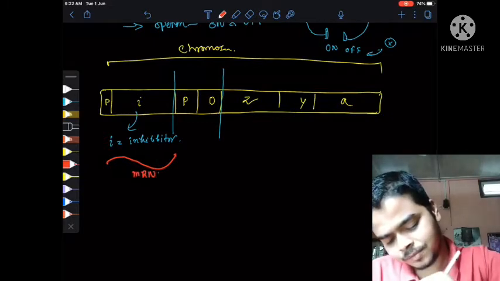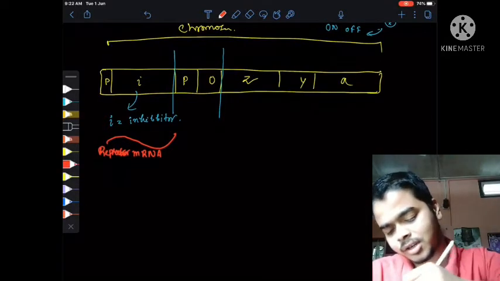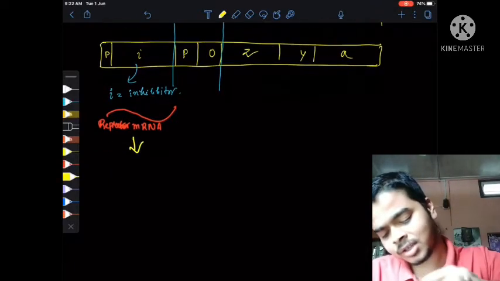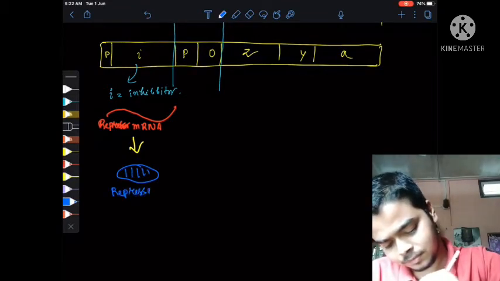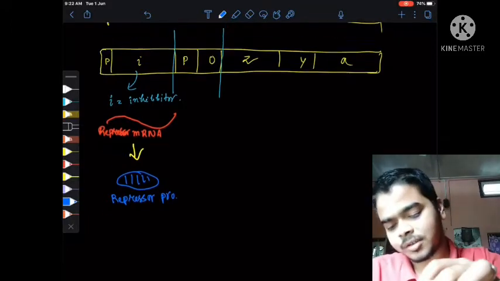This is known as repressor RNA. Why is this called repressor RNA? Because later the mRNA is translated and produces a protein. This is known as a repressor protein. Why this is called repressor protein, we will know later.